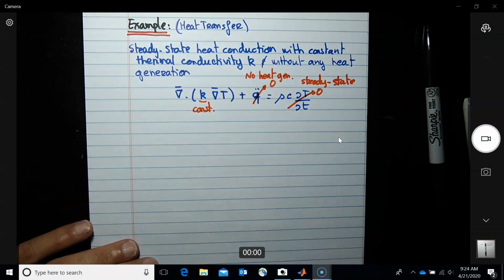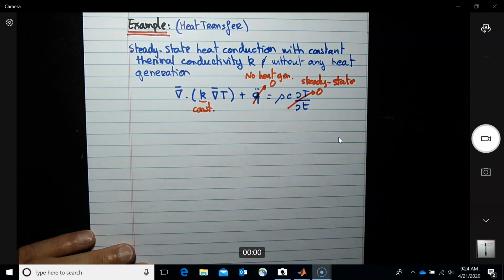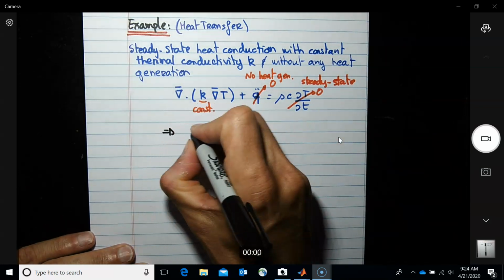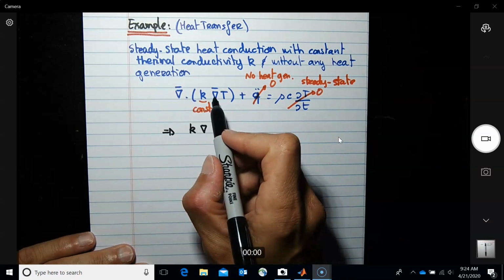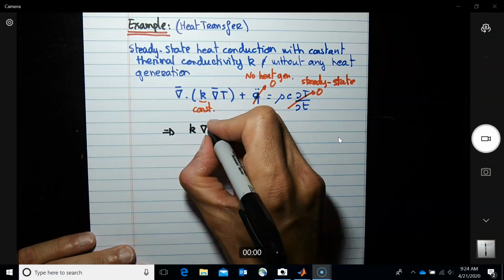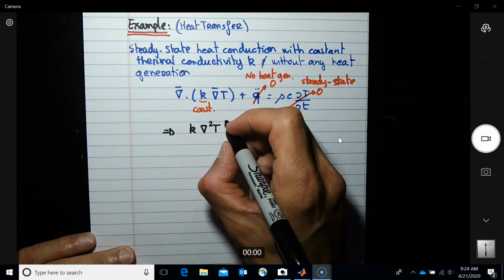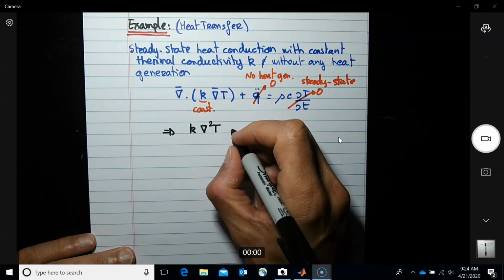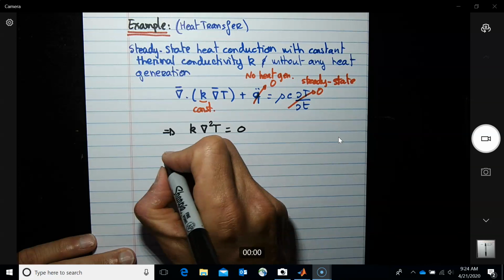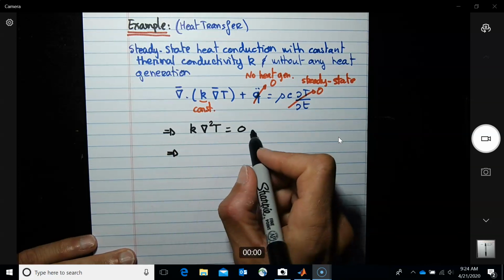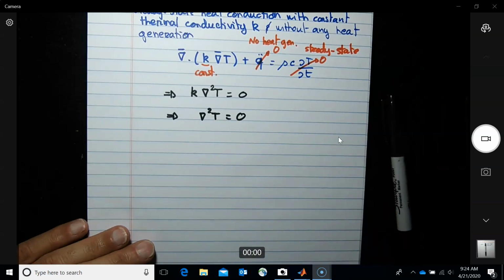Here k is the thermal conductivity. So this equation becomes k times, if you remember when you do the dot product it does not become a vector, it becomes a scalar, the Laplacian operator of the temperature T, equal to 0, or we can rewrite this by dividing by k on both sides: the Laplacian of T equals 0.